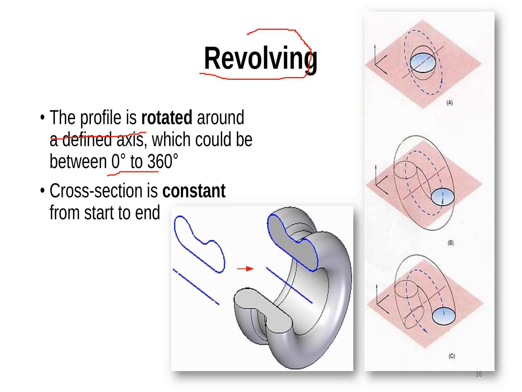Yeah. So the cross section will remain constant as it sweeps in circular motion. So revolve is very useful when we want to create parts that are naturally round or symmetrical around a center line.